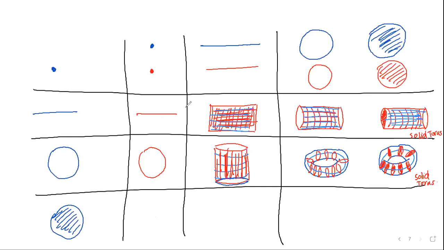So disk with a point, again you will get a disk. Disk with a line, this time you will get a solid cylinder, a filled cylinder. It will be filled from the outside.